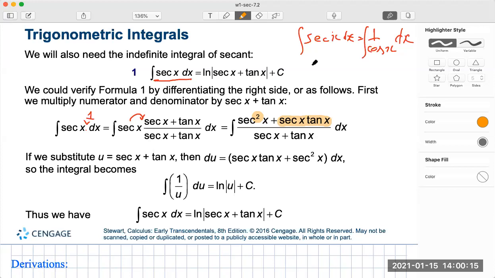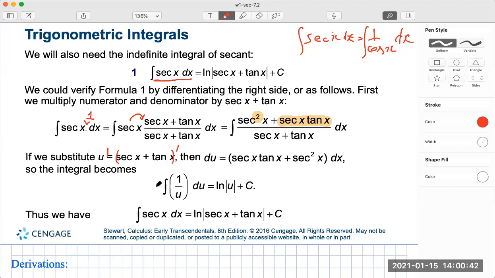And now they define a very smart substitution. u will be secant x plus tan x. So we define a new variable in terms of a function of x. Therefore, du will be, we take the derivative of both sides, right?